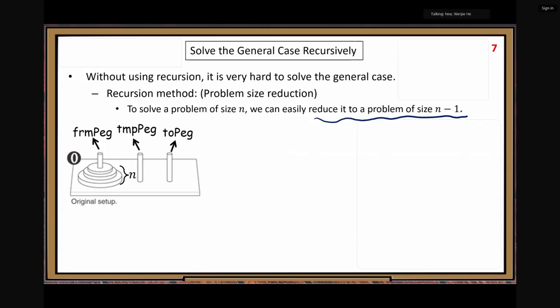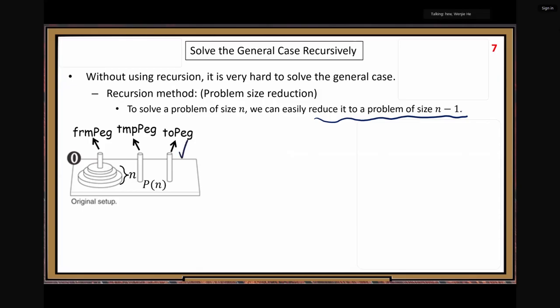Then when we make a move, our goal is to solve this P of n problem, the n disk size problem, to that destination. So this is peg 2, the temporary, intermediate peg, and that's the destination from the source peg.